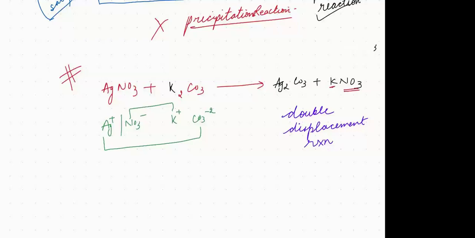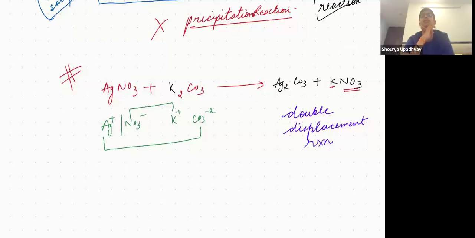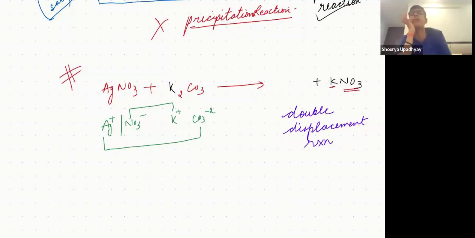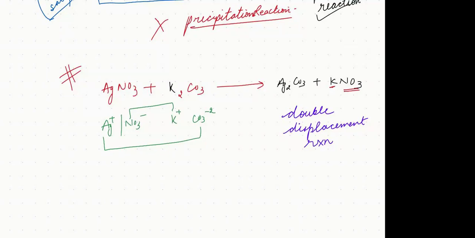Are you understanding my point? And what about Ag2CO3? It will be insoluble. So it is going to form the precipitate, right? Because all carbonates are insoluble and silver salts are insoluble.